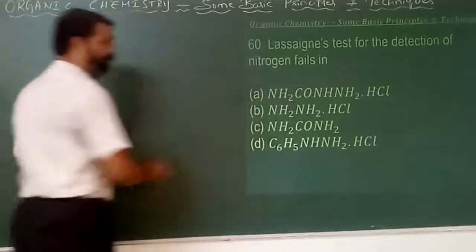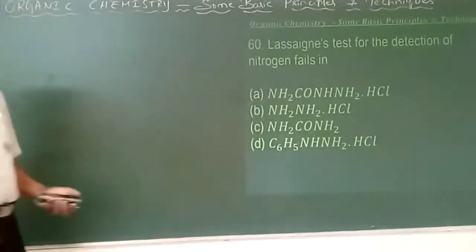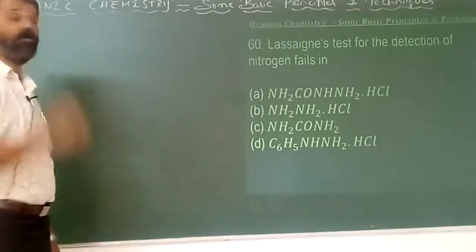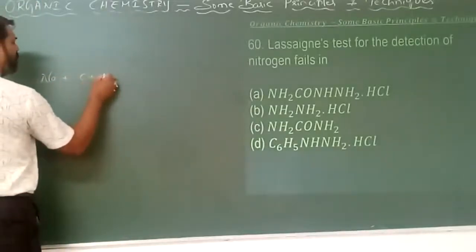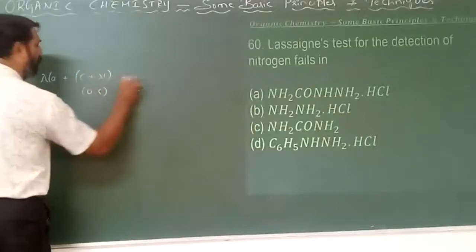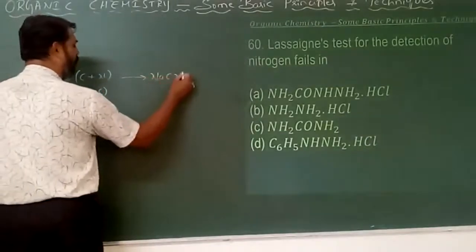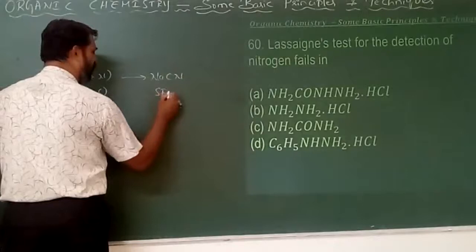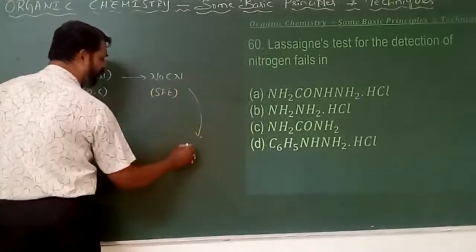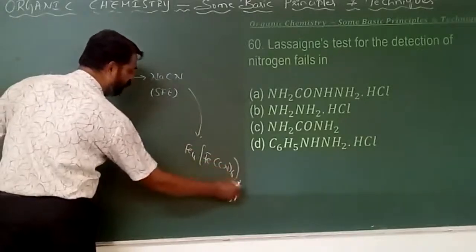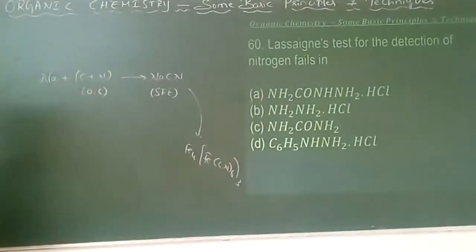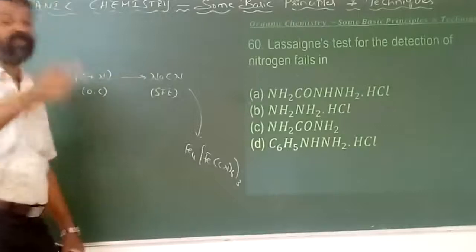Lassaigne's test for the detection of nitrogen. Why? In case of which compound? I have already mentioned that sodium with the carbon and nitrogen present in the organic compound gives rise to NaCN. It is called SFE. Then we add different reagents to form Fe4[Fe(CN)6]3. For the cyanide we should have the combination of both which and which?